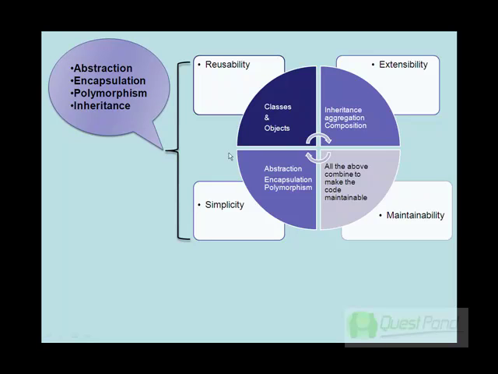The third problem associated with functional programming was simplicity. Because of the lack of reusability and extensibility, you end up with a lot of functions and a lot of scattered code, with different method names and different functions. Object-oriented programming has addressed this issue by providing three important properties: abstraction, encapsulation and polymorphism. We'll come to this step by step in the coming videos, but at this moment we are just mapping the problems to what object-oriented programming has given to solve them.